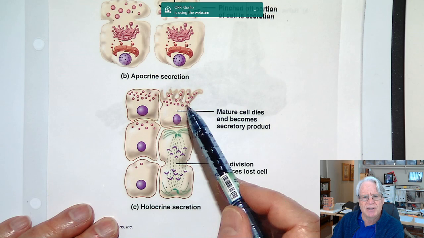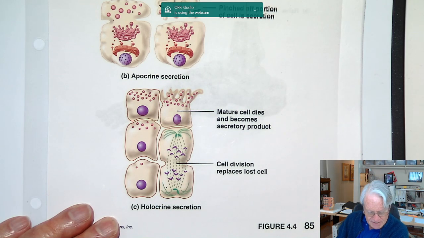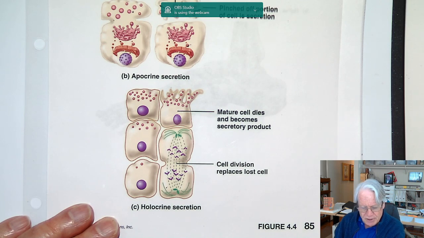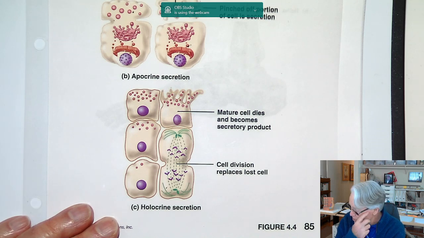The entire cell becomes the secretory product. So the sebaceous glands or oil glands do it this way from the skin. Okay. So those are the functional classifications of glands.